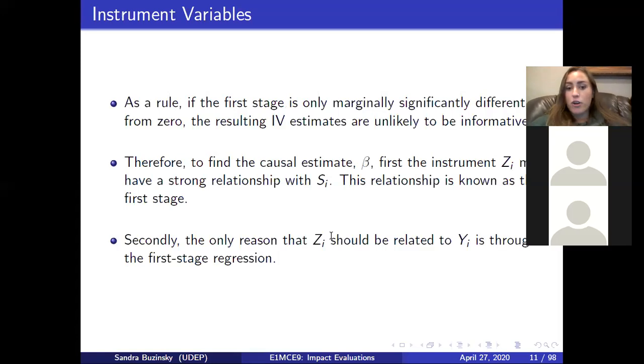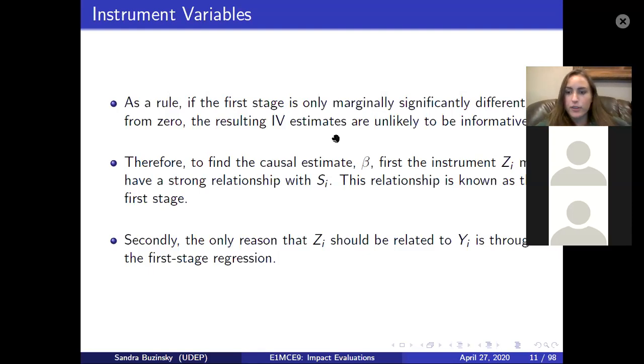We also need a really strong first stage, right? We need a strong co-movement between our Zi and Si, or our X variable and our Z variable. And that's because if we have a really small relationship, it's going to be hard to estimate a precise effect of education on wage. Right? Because if you have on the denominator a number really close to 0, you're going to have a large confidence interval of where the true effect could lie.